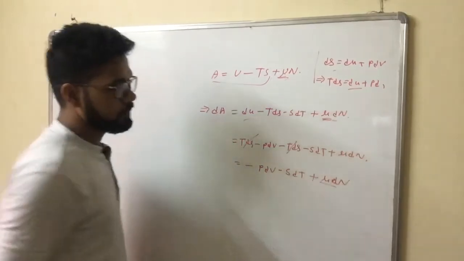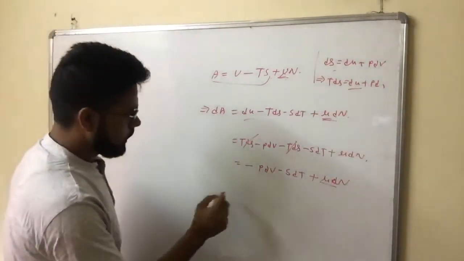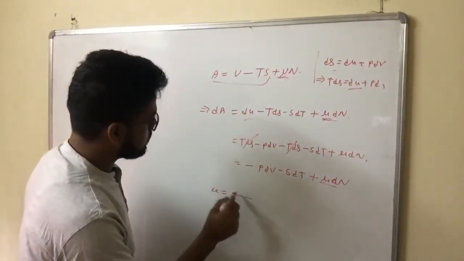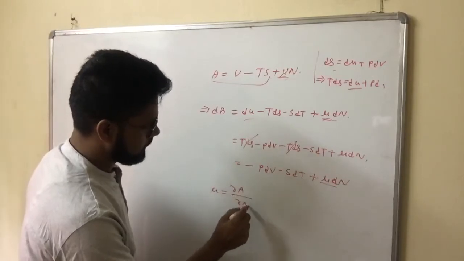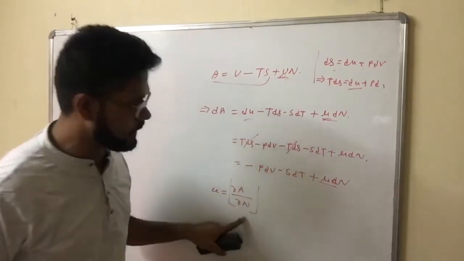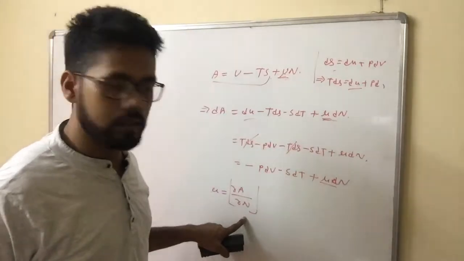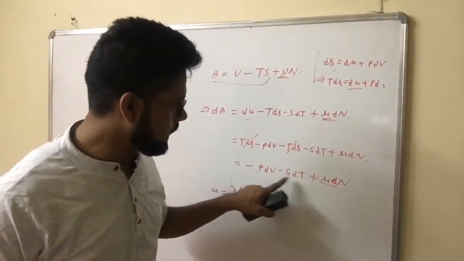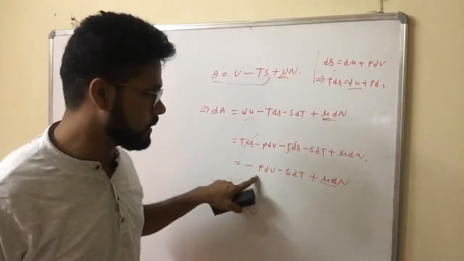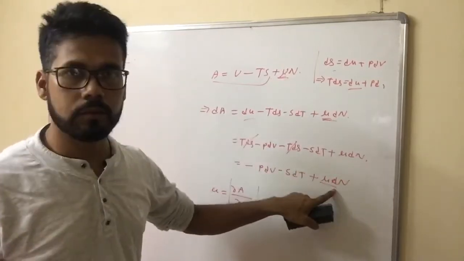So how can you calculate mu? See, mu equal to dA by dN. We can calculate using this formula when V and T are constant, then these terms will be 0, and only this equation is valid.